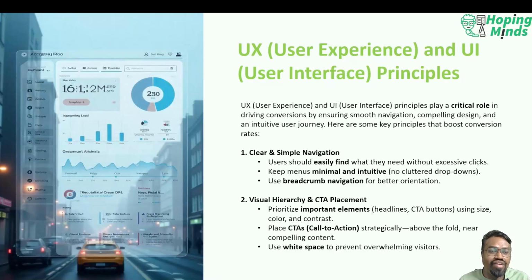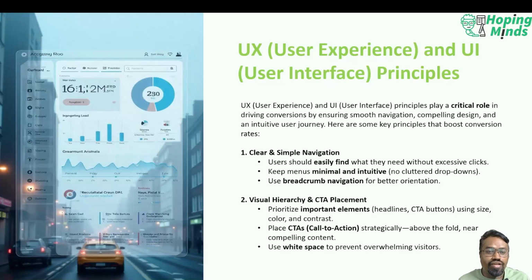Users should easily find what they need without excessive clicks. The menu should be minimal and intuitive. As I told you, there should not be any cluttered drop-downs. There should be a proper orientation, right?